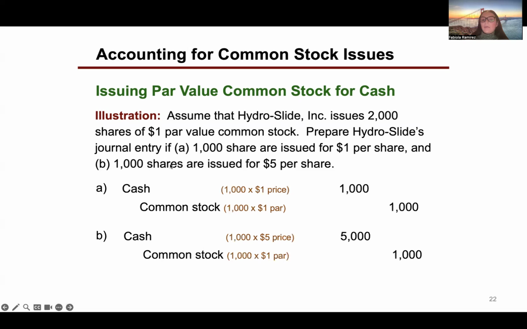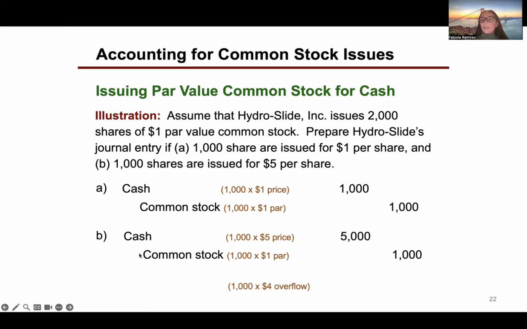For example B, we do the exact same thing. We're going to debit cash and we're going to multiply the $5 sales price by the 1,000 shares. We are going to credit common stock for the par value of the stock. Remember, the par value is $1 per share. That is a stated value that the corporation gave their stock.